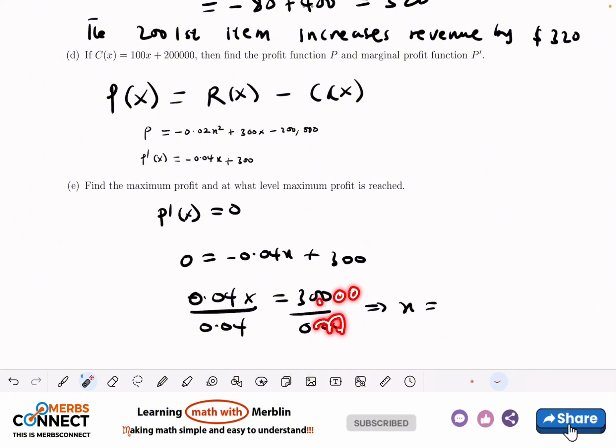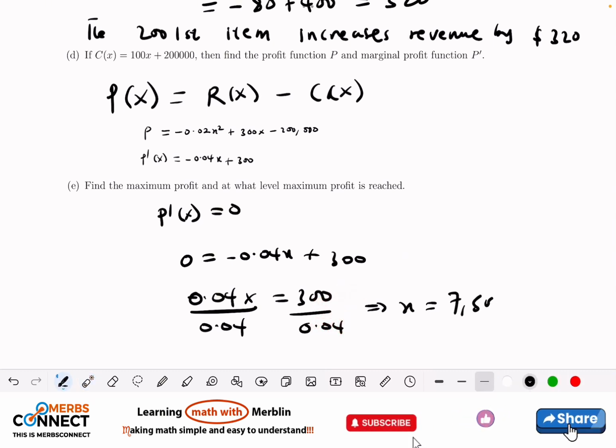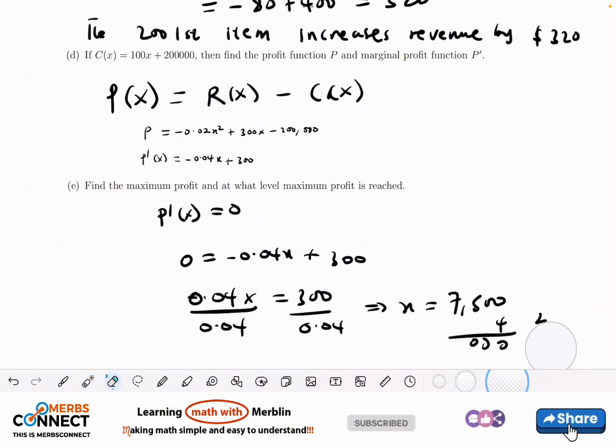Then I need to divide it by 4. And then I think I need to get something like 7,500. Let me confirm if it is true. When I multiply this one by 4, 0, 0, this one will be 20. So 0, 2, 4 times 7 will be like 28 plus 2, good. So that's right.